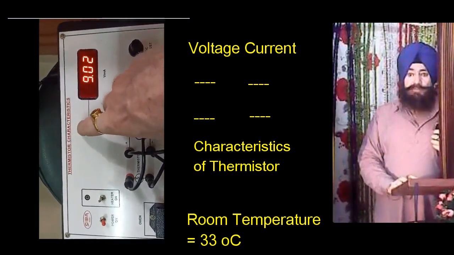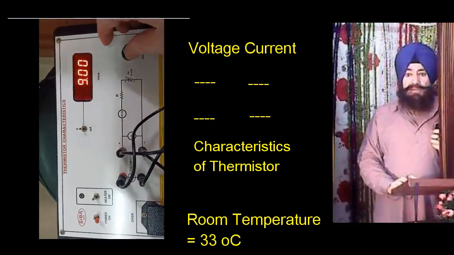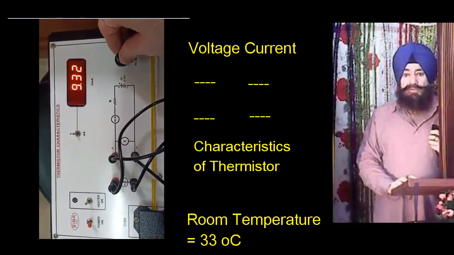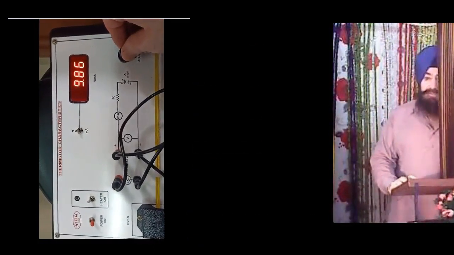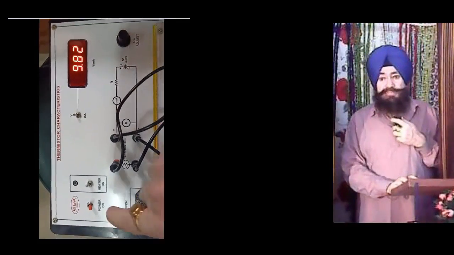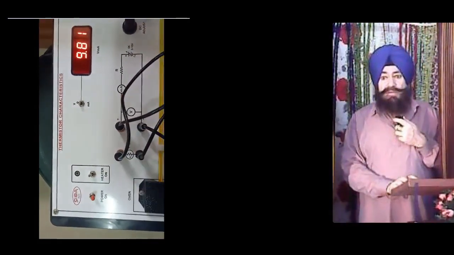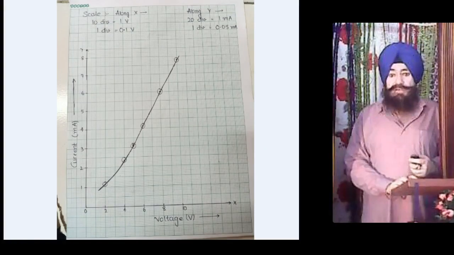So voltage is 9.02, current is 6.17 milliampere. So I think the data is sufficient to draw the graph between voltage and current. Okay. Now this is all about voltage and current.